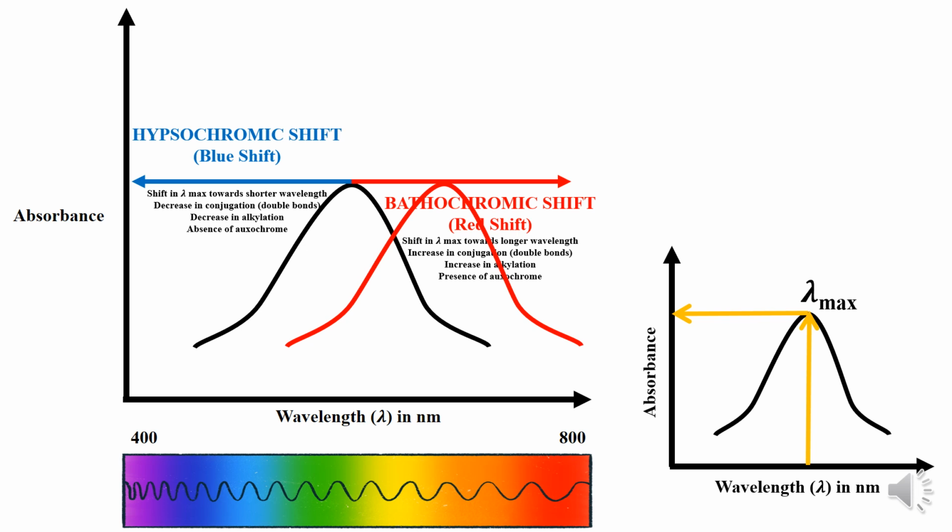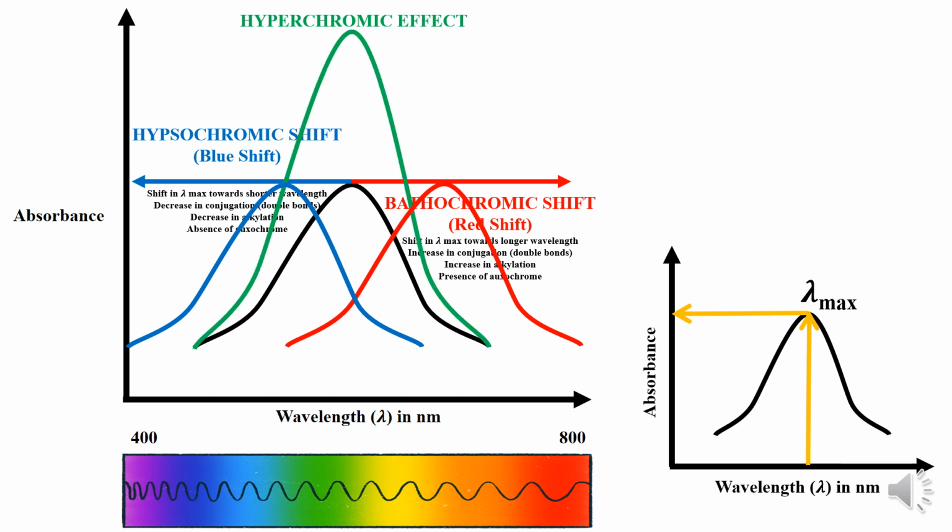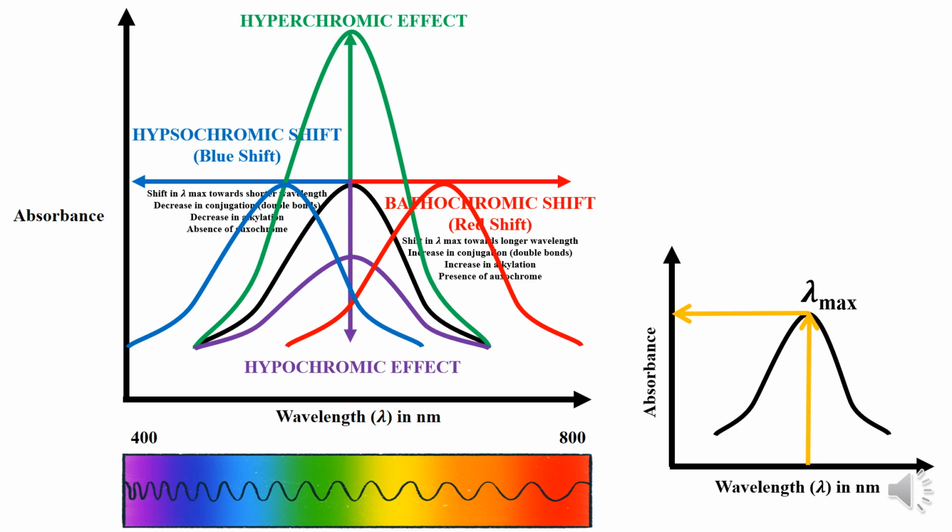Now, moving on to the rest of the 2 parameters, that is hyperchromic effect and hypochromic effect. During hyperchromic effect, there is an increase in the intensity of absorption. And what is hypochromic effect? During hypochromic effect, there is a decrease in the intensity of absorption.